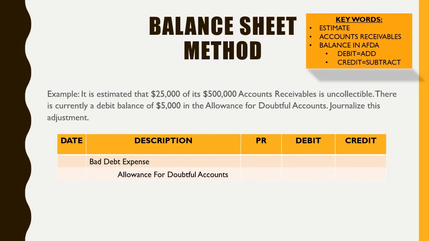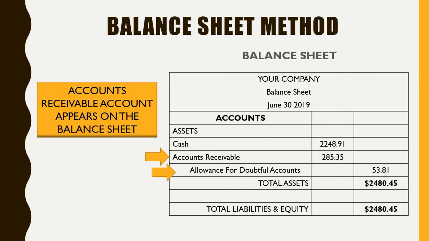Once we establish that the estimated amount is $25,000, the next thing that we need to look for is the keyword accounts receivable. Right there, boom, accounts receivable. The third thing is, if we recognize it's accounts receivable, that means the allowance for doubtful accounts matters, okay? Because it appears on the balance sheet.